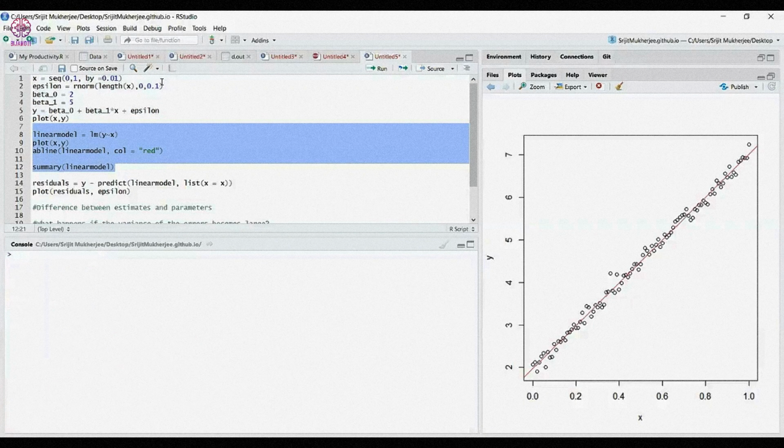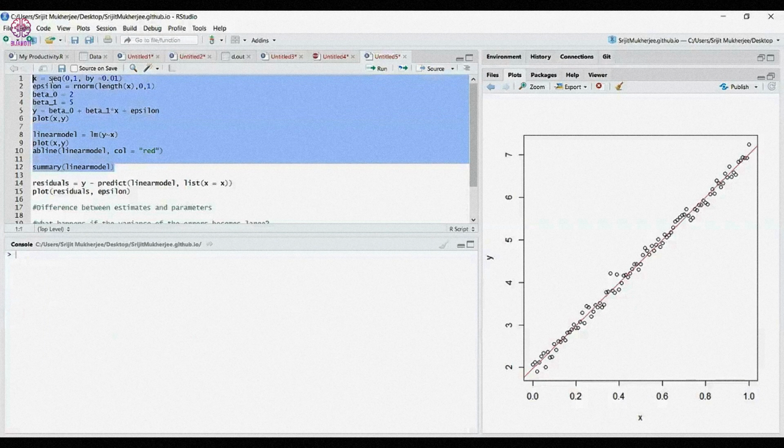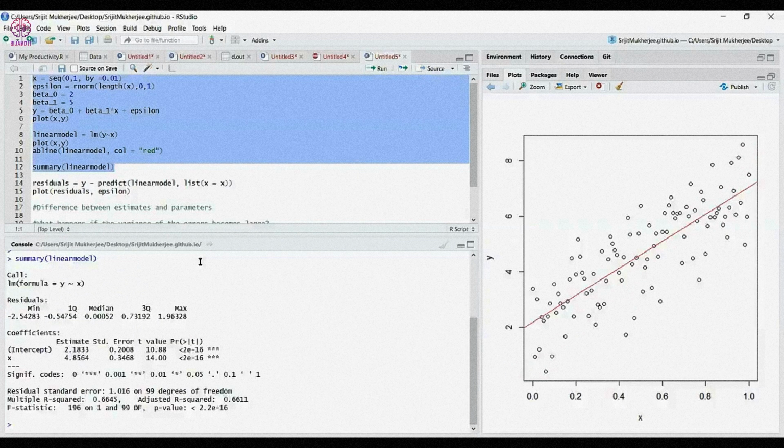Let's do it for 1 now. If we do it for 1, you will get 1.96, 2.18, and 4.85. So there are a lot of differences there. The standard error difference is there. Essentially the idea is that the estimate is varying from the corresponding actual beta naught much more when the sigma square is increasing.